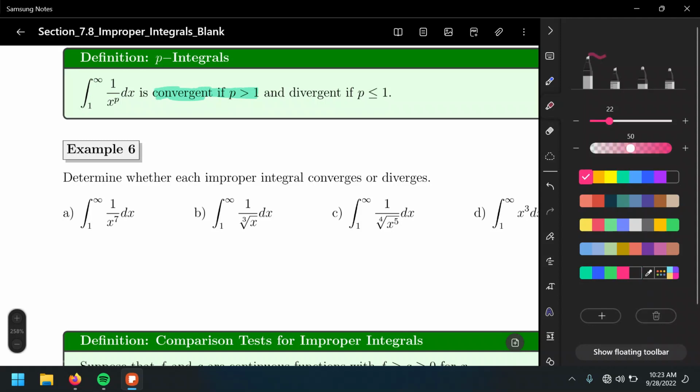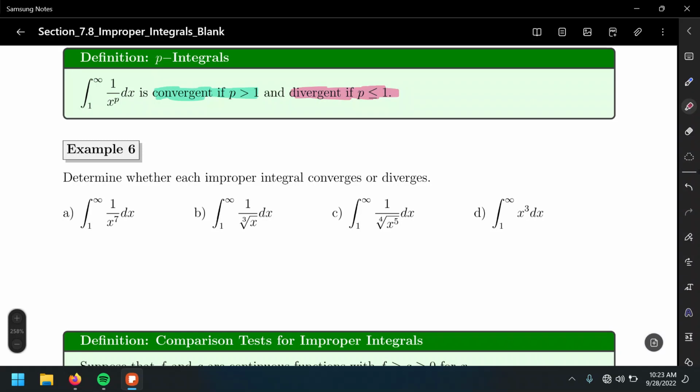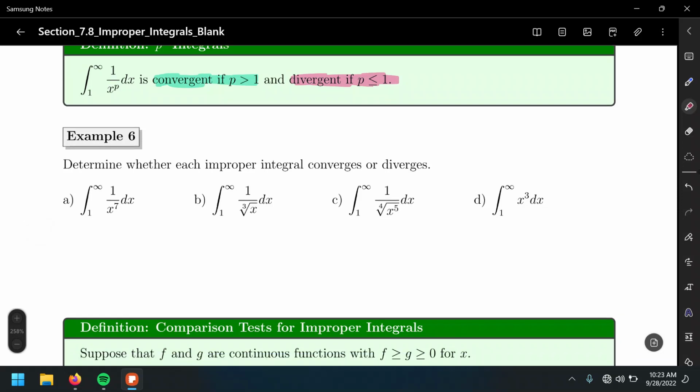But otherwise, if the value of p is less than or even equal to 1, we just say that the integral diverges without even performing the integral. In some cases, we need to perform the integral. It will depend on instructions on a quiz or an exam, or even on the homework, whether to actually evaluate the integral or just use the P integral definition to determine the convergence or divergence of the integral.